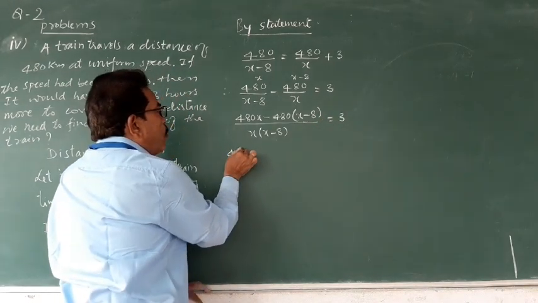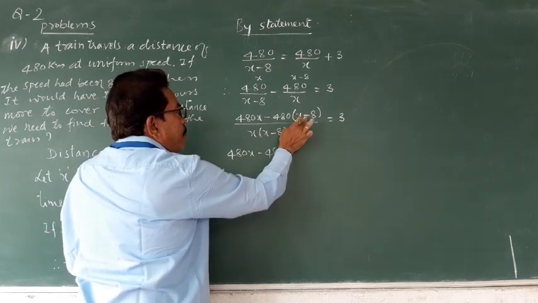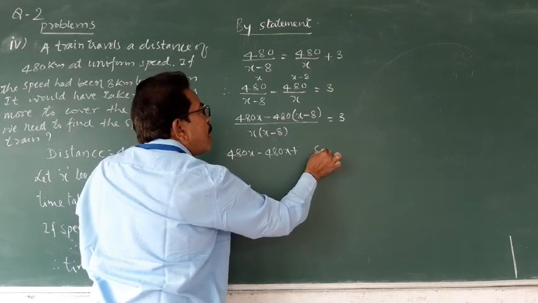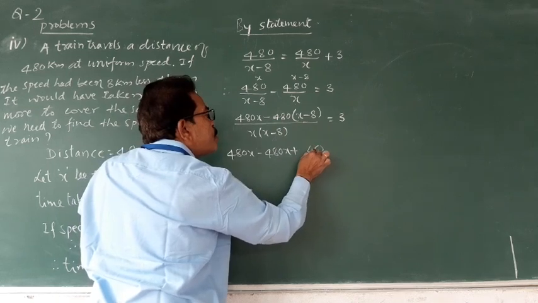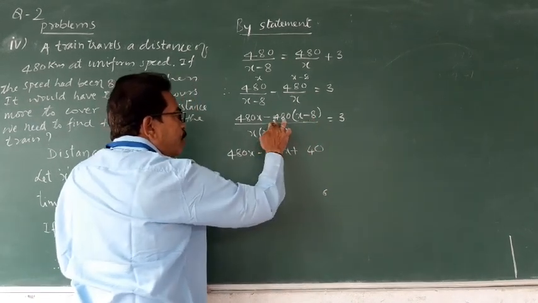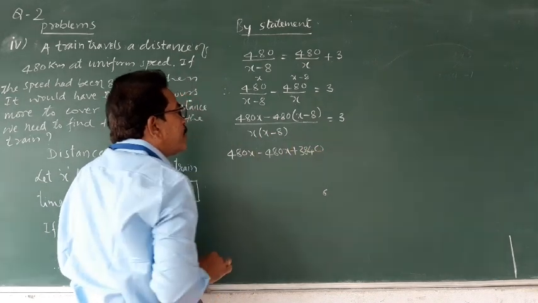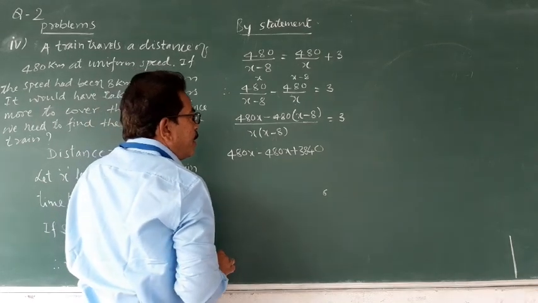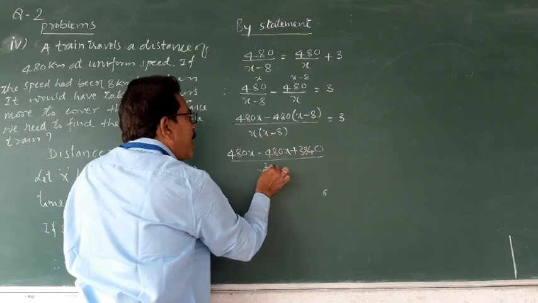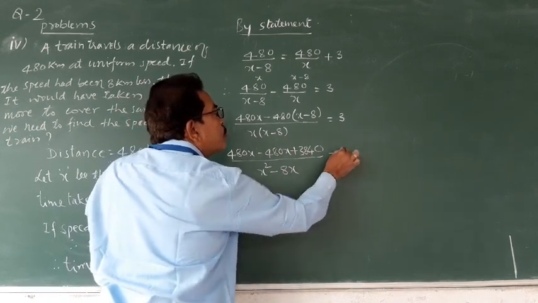Now 480x minus 480x, minus into minus plus, 8 zeros are 0, 8 eights are 64, carry 6, 8 fours are 32, 32 plus 6 is 38, divided by x into x square minus 8x equals 3.